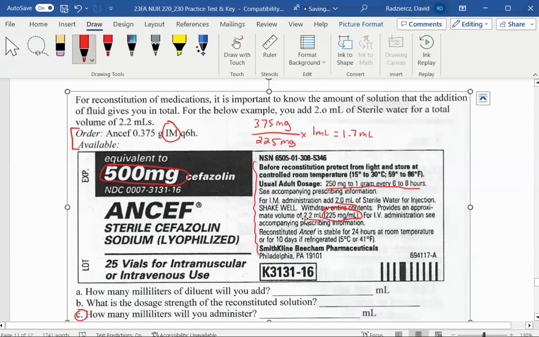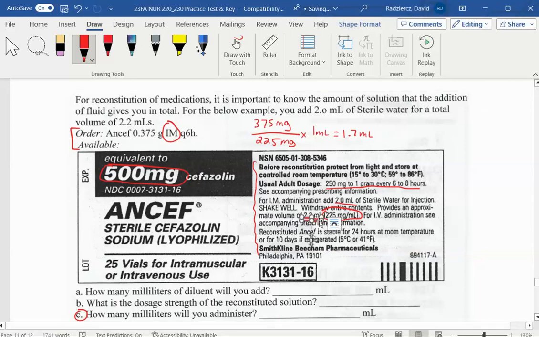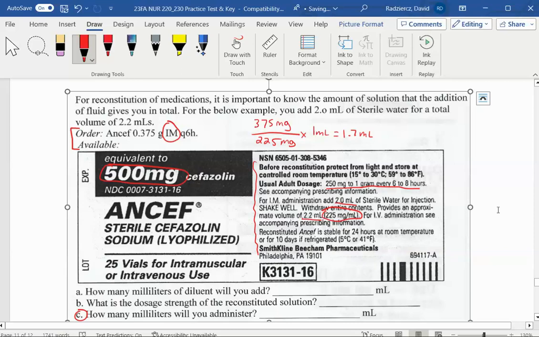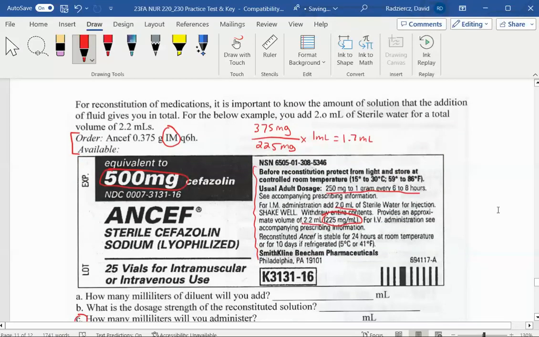If you look at some of the other examples, and there are several example labels that I have posted on the OneDrive folder, you might see some of these reconstitution questions where they'll tell you 500 milligrams and then you'll see the total volume. You might have to do that calculation on your own. So like 500 divided by 2.2 is going to be close to 225 milligrams, but it's not going to be exact.